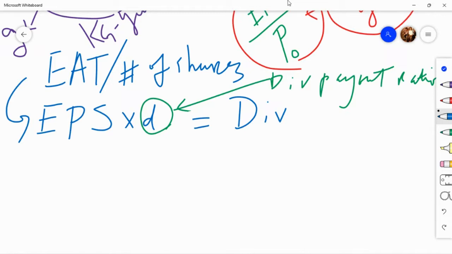Profit goes down, dividend will go down, because the payout ratio is the same. But if the payout ratio goes up from 10% to 20%, dividend may be bigger even when earnings go down.